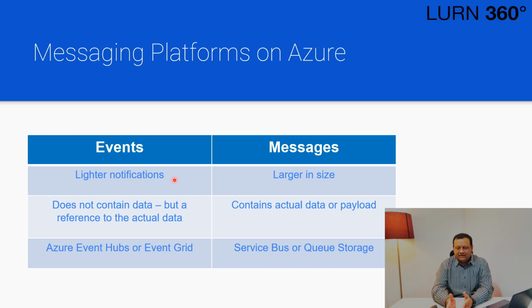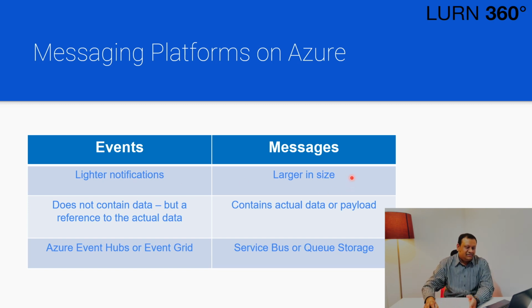Then the integration would use that notification to carry forward the integration. We'll build such integrations in later chapters, but for the sake of understanding, events are very lightweight notifications, compared to messages, which are larger in size.